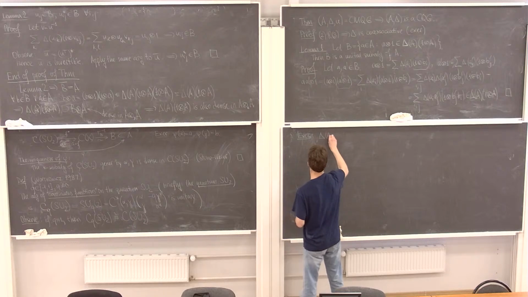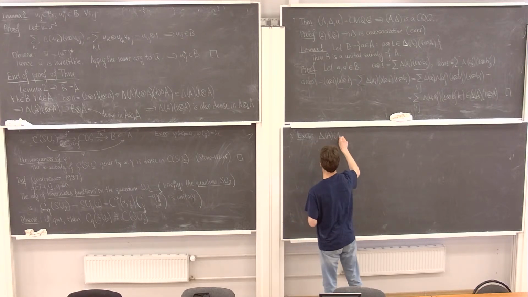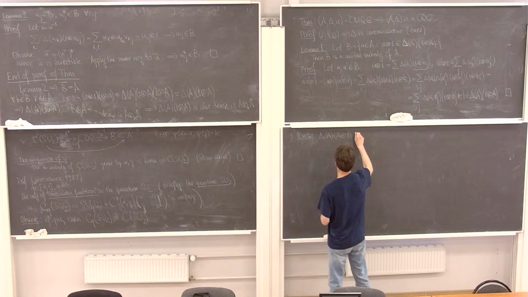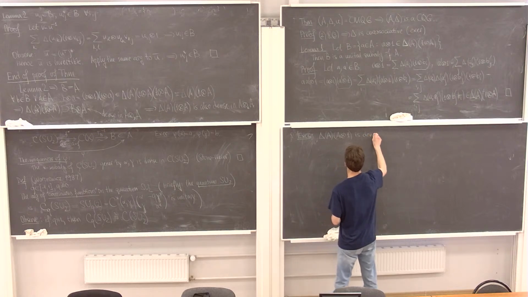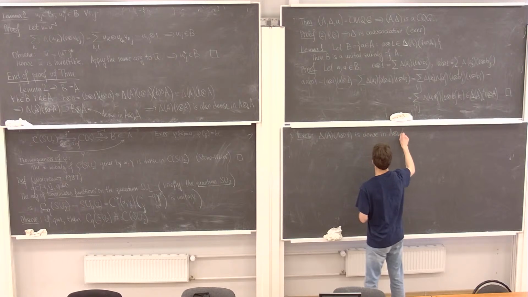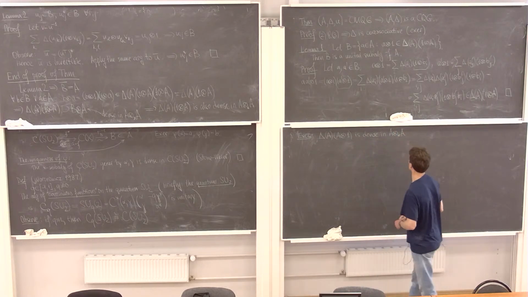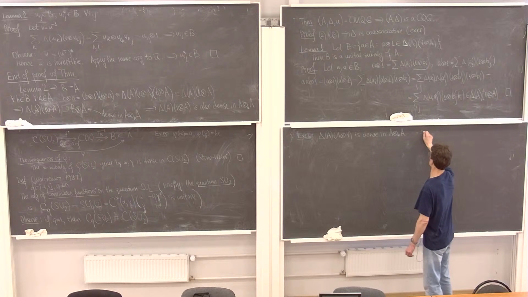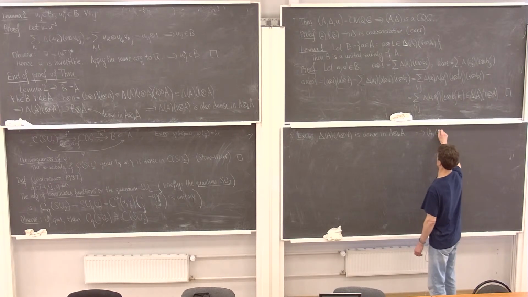Delta of A times A tensor 1 is also dense. So this implies that indeed A and delta is a compact quantum group.